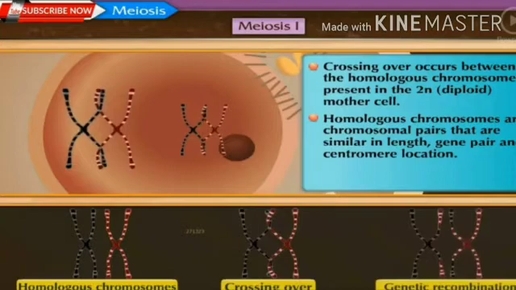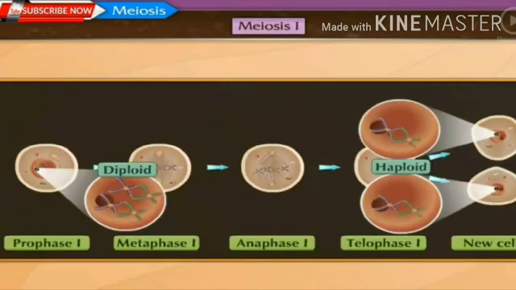See the second figure, which shows there is a crossing over between homologous chromosomes and thereafter there is genetic recombination between these homologous chromosomes. The crossing over results in genetic recombination and thereafter these chromosomes are divided into 2 groups and finally 2 haploid daughter cells are formed.